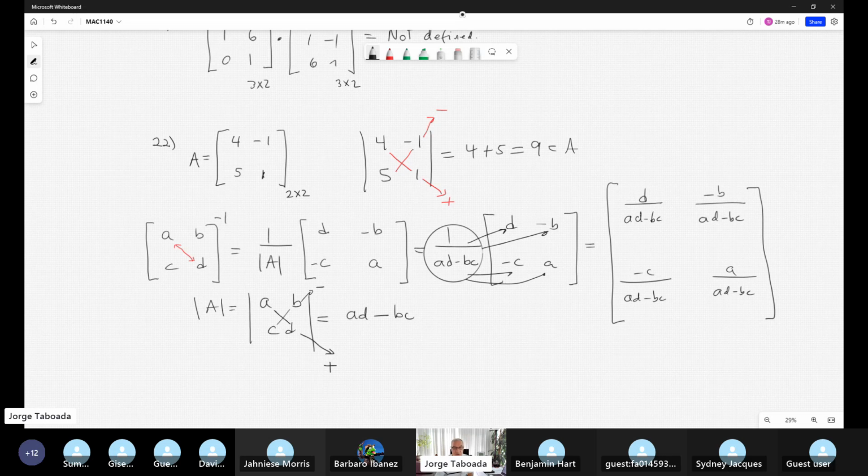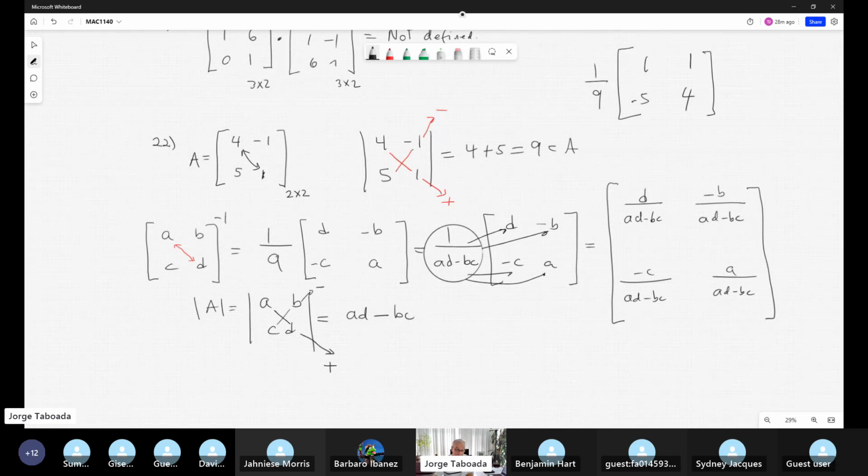Actually, I need to divide by 9. So in the formula, in our specific example, we have 1 over 9. And the rest is pretty easy. You interchange: you put 1 here, 4 here, you swap this and this, and this is 1, but positive, and negative 5.